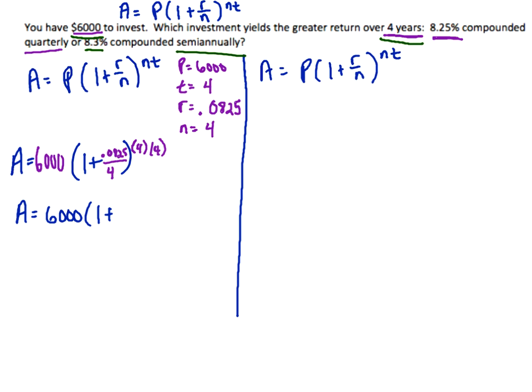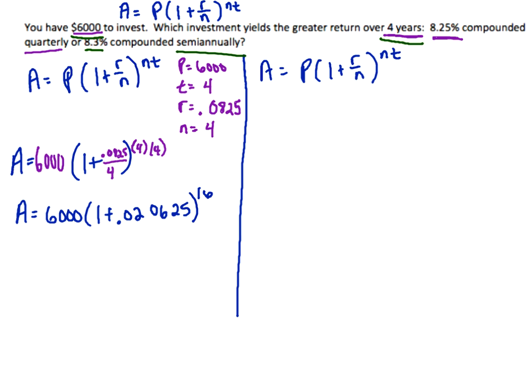If I had my graphing calculator, I'd just be doing it all in one chunk. 0.0825 divided by 4 is 0.020625.